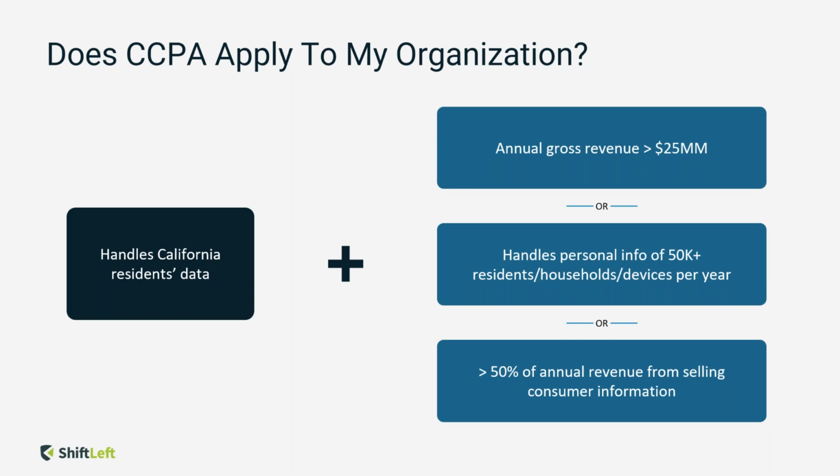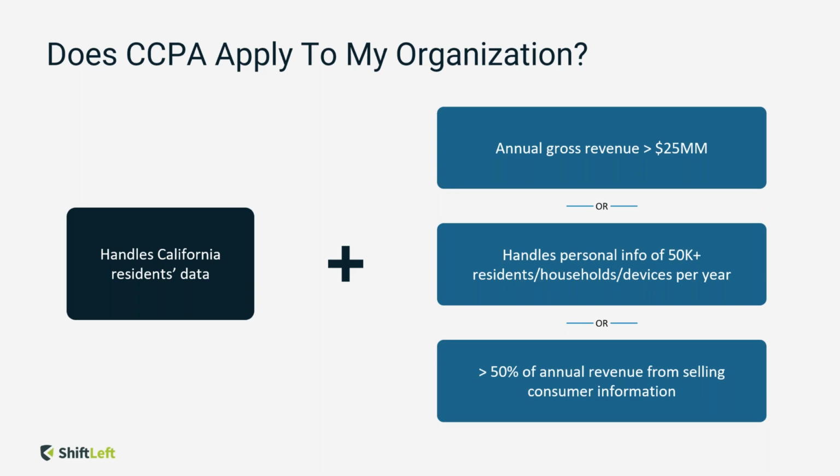And the second, as you can see, it is "or," so it's one of those three. It is based on your gross revenue for a year, or it also is how much data are you handling. So are you doing more than 50,000 records, 50,000 information of either residents or households or devices?